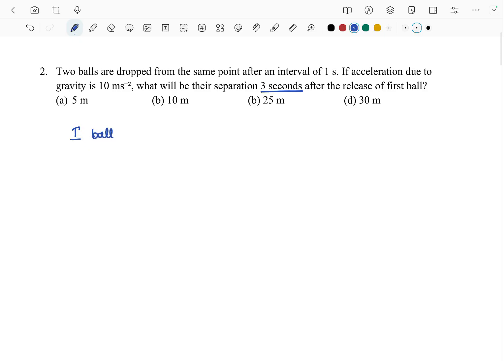For the first ball, the two balls are released from rest. Let's take for the first ball, your initial velocity is 0 and your acceleration to be g. Let me take g to be 10, which is 10 meter per second square. And you know your time is 3 seconds. For the first ball, let me find the distance traveled.